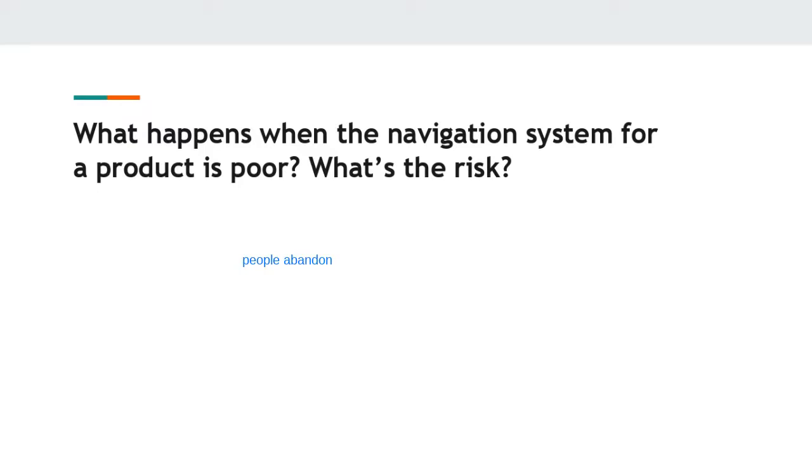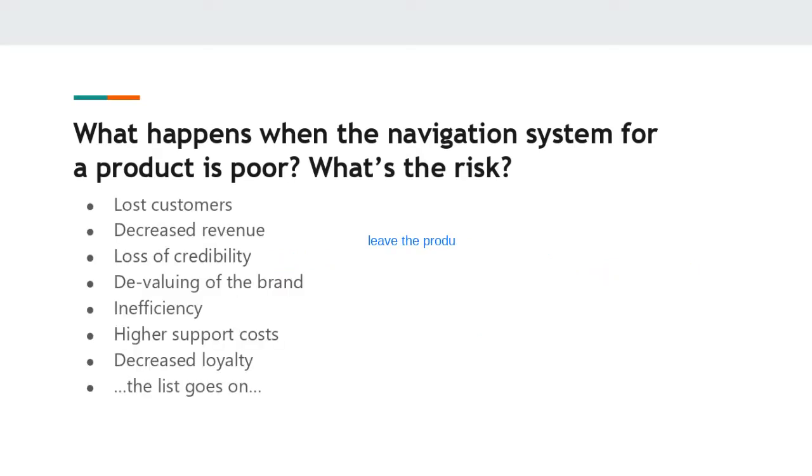Yes, they get lost, frustrated, they abandon, and may never come back. Yes, they will lose track, go to your competitor, right? They're already showing that they're probably very interested in your product. So there's a cost. You're going to lose customers. Yes, they will leave the product.